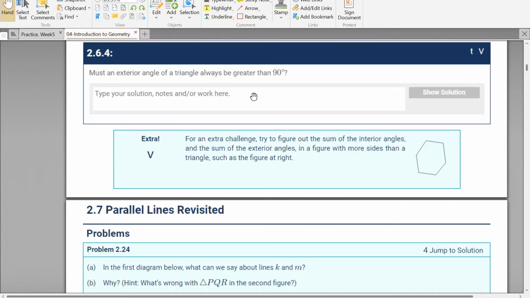Okay, Constance, you're saying no, but if your answer is no, can you give me an example of an exterior angle of a triangle that is not greater than 90?